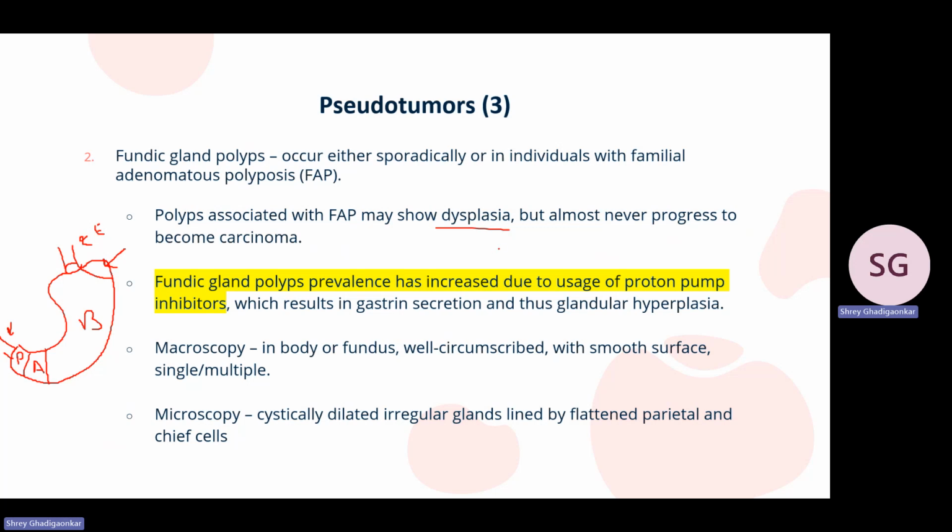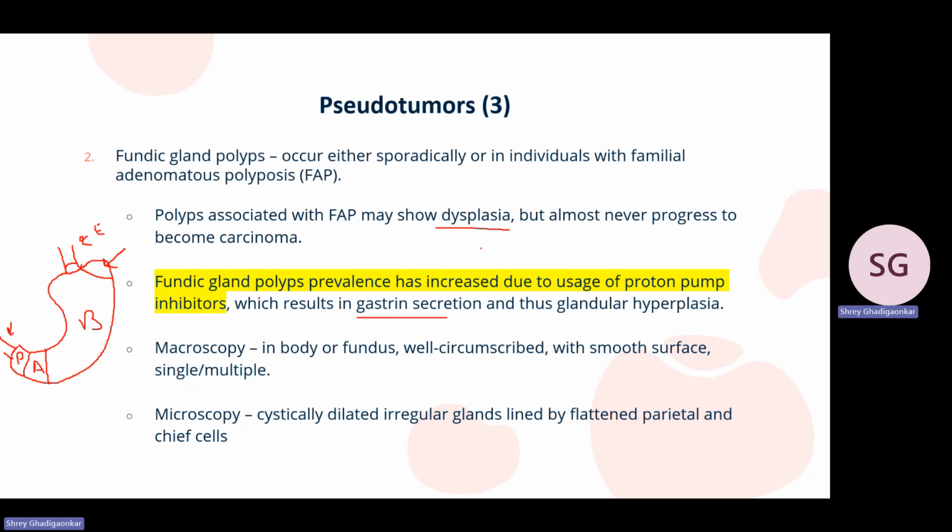If you remember from physiology, you usually have a hormone known as gastrin, which is responsible for increasing gastric acid secretion. If you use drugs that decrease gastric acid secretion, the cells that release acid usually undergo glandular hyperplasia.